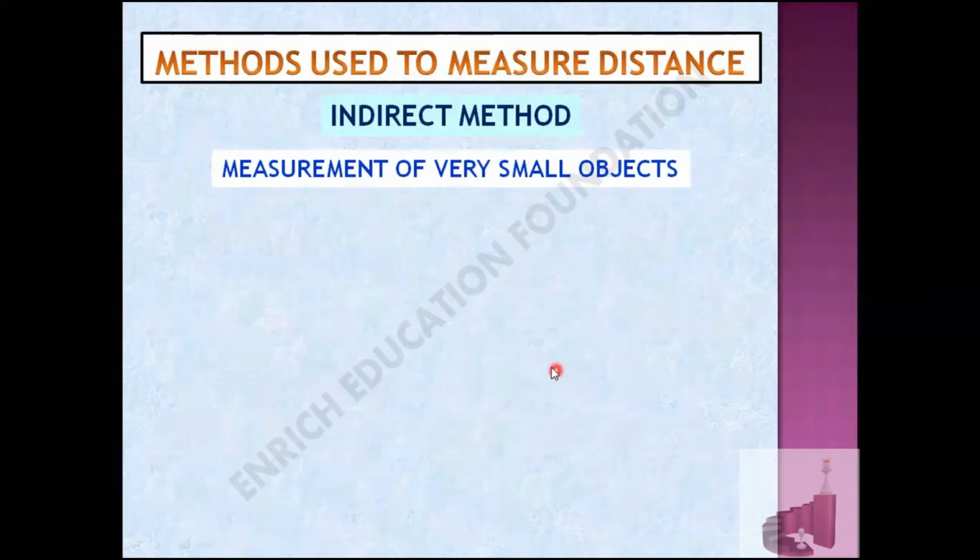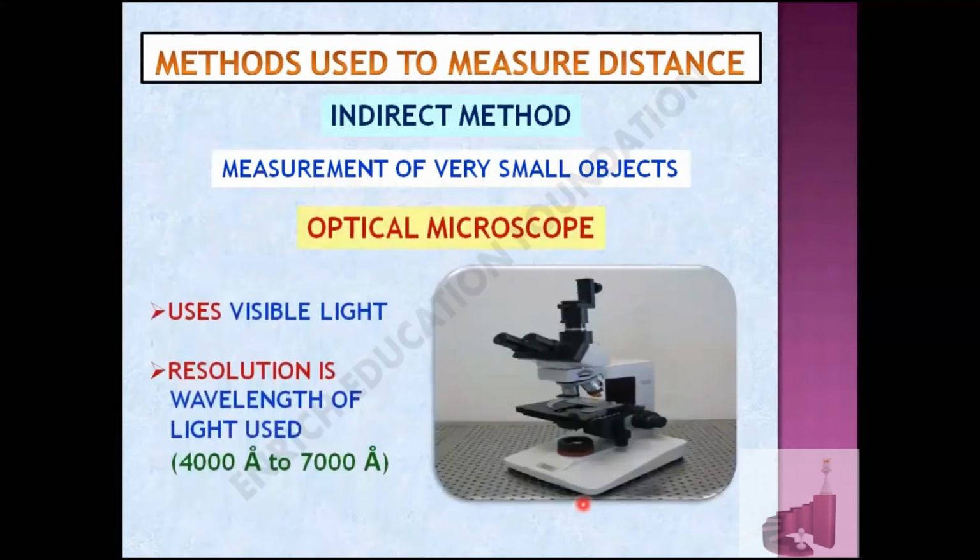The measurement of very small objects can be done with the help of microscopes. Suppose we need to study the cell structure, the distances between any 2 points are measured with the help of the optical microscope. In the optical microscope, we normally use ordinary visible light, which has a wavelength ranging from about 4000 angstrom, corresponding to the violet color, to about 7000 angstrom, which corresponds to the red color.